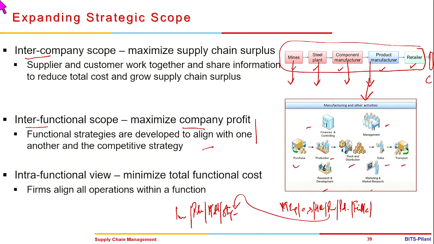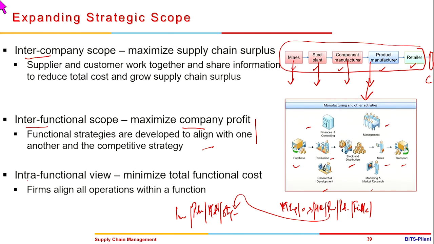Only then the company can achieve its competitive strategy. If these functional strategies are not aligned with that, there is going to be a mismatch and the company is going to lose its focus as well as its position in the marketplace. So focus is on maximizing company profit.